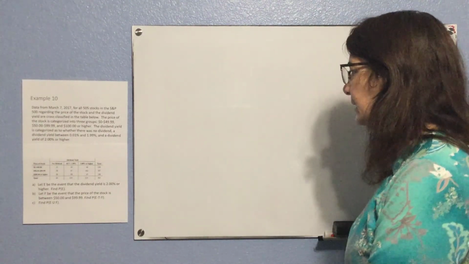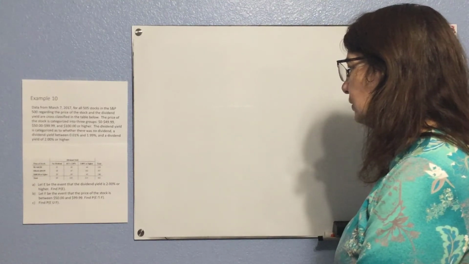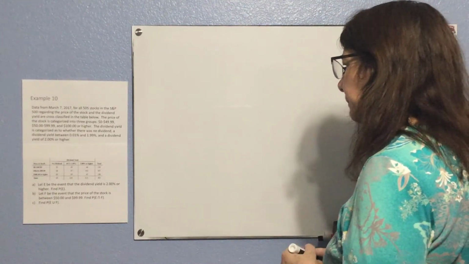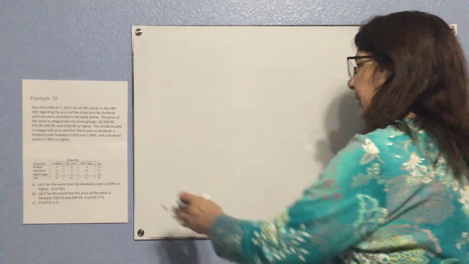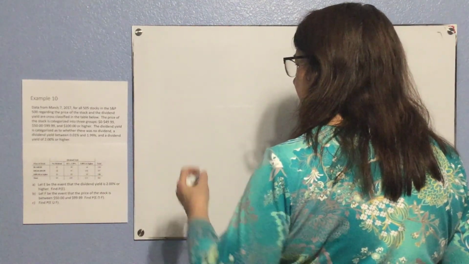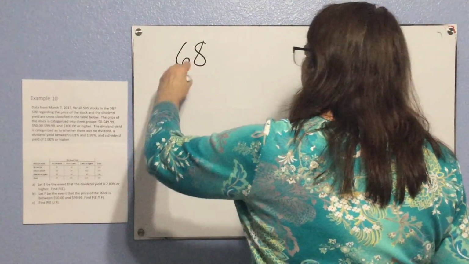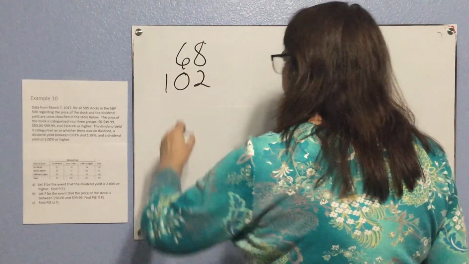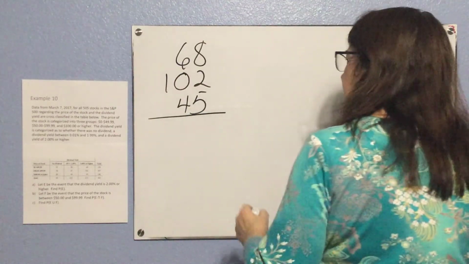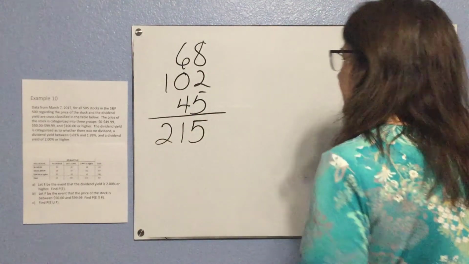Part A says, let E be the event that the dividend yield is 2% or higher. Find the probability of E. So I can look at this column. For 2% or higher, the numbers are 68, 102, and 45, which gives me a total of 215.